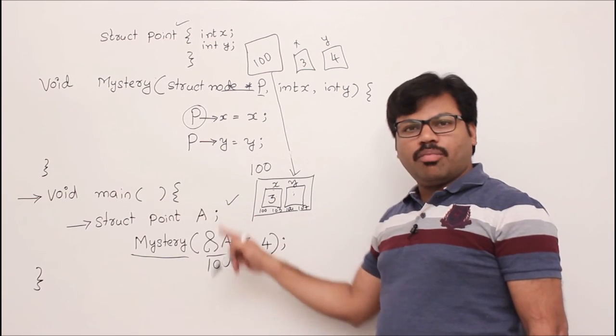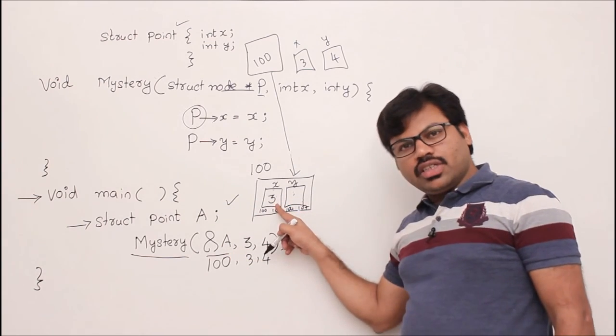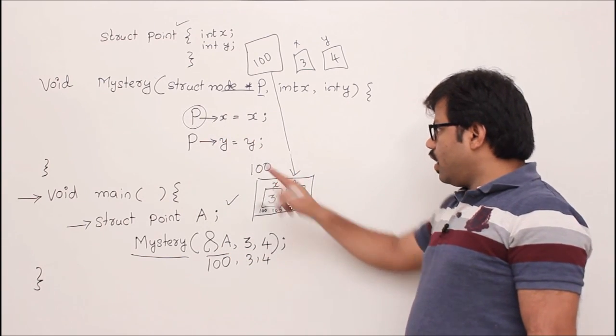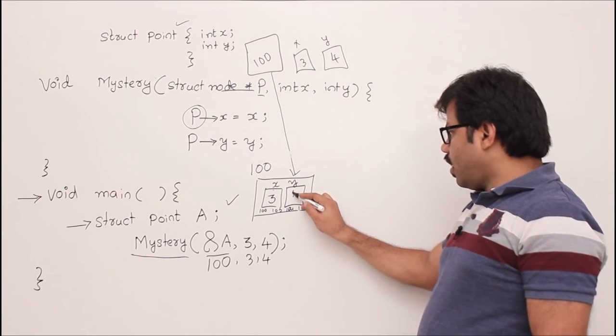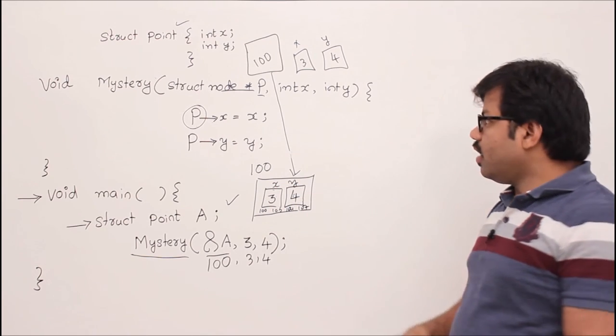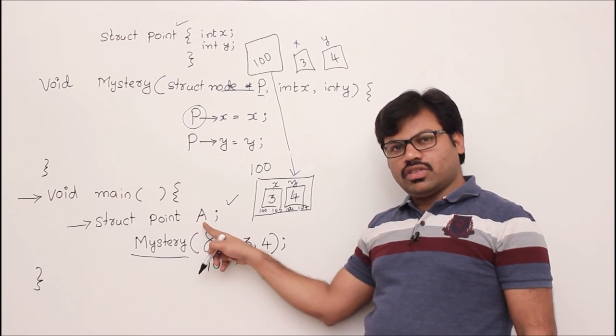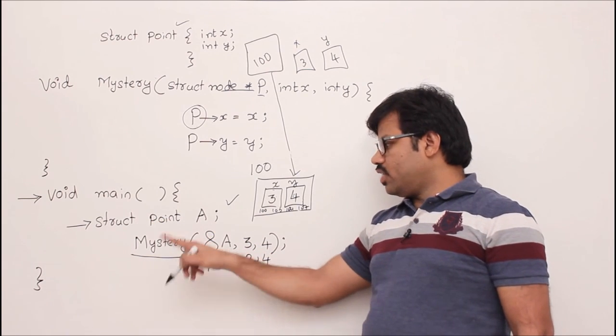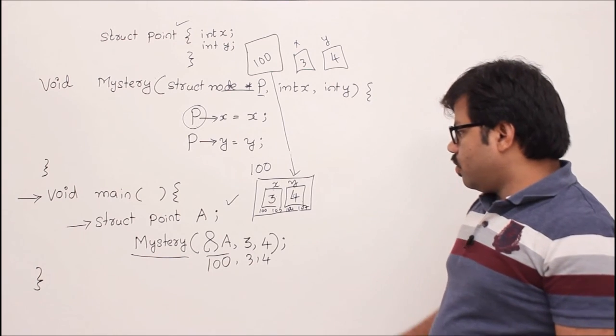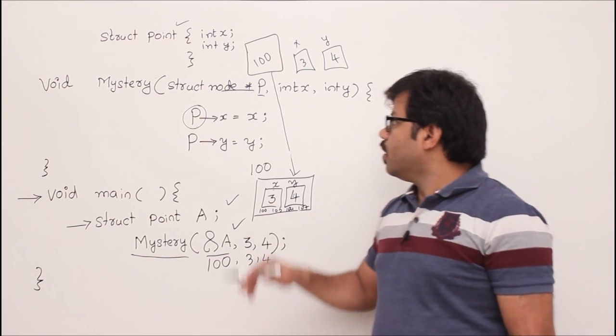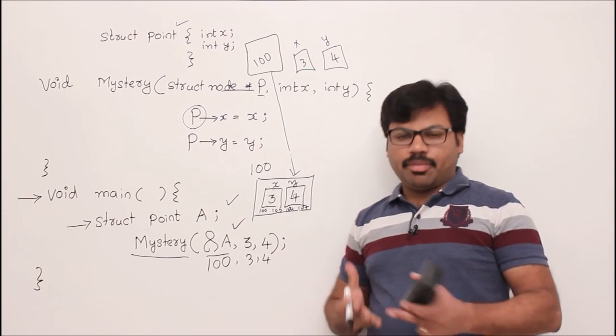Since main is not completed, it is legal to use it. So p dot x equals 3, and p dot y refers to this one and it gets 4. So finally this mystery function is initializing this struct point A's values through a function called mystery. So this is all about passing the structure as a parameter.